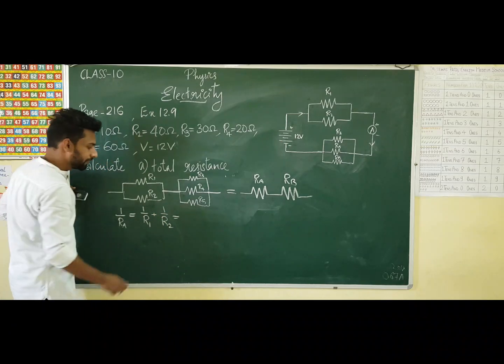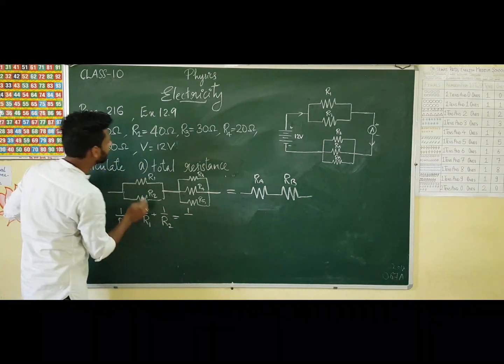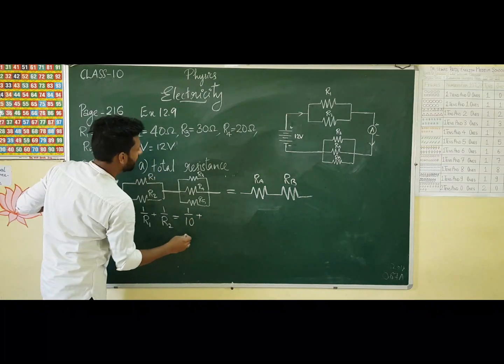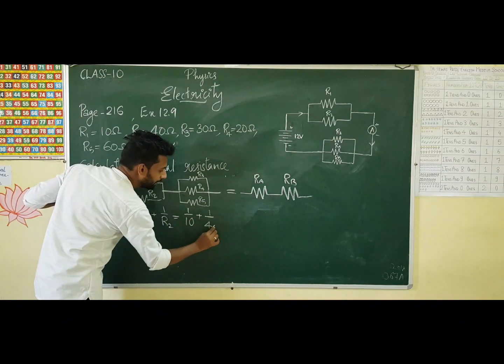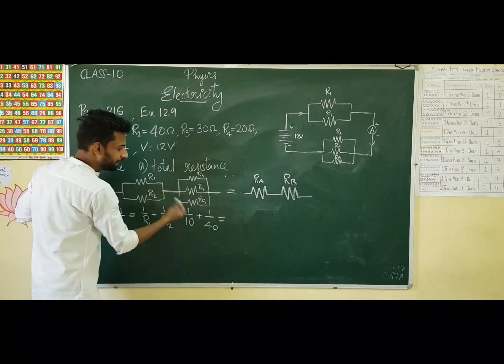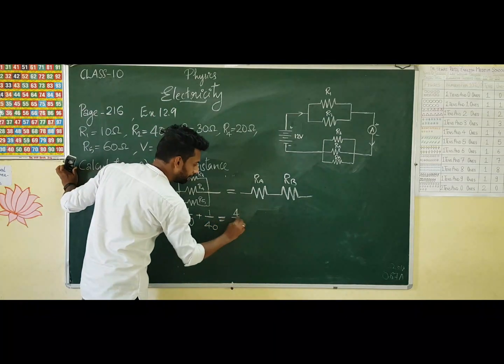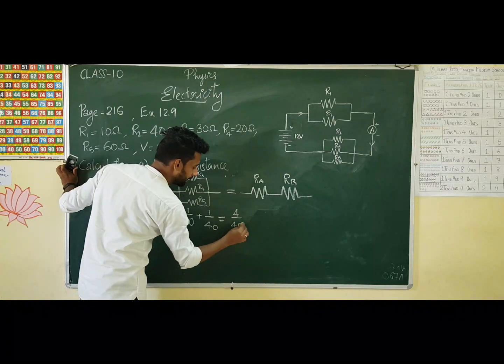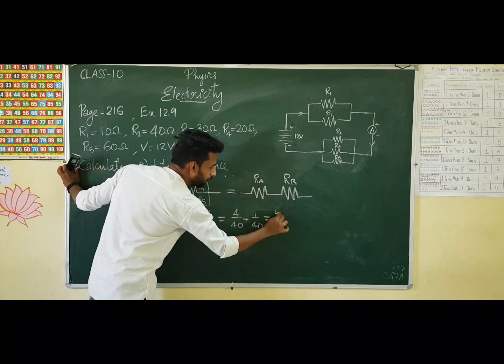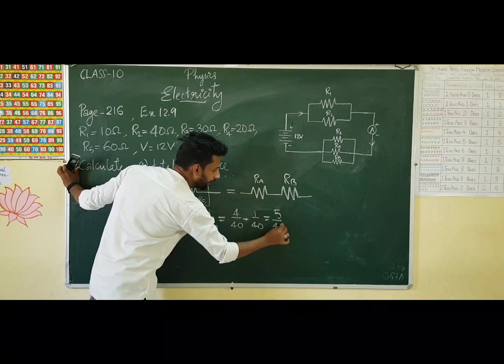Now substitute the values. What is R1? R1 equals 10. 1 by 10 plus 1 by 40. We can take the LCM. Then it will be 4 by 40 plus 1 by 40, that's equal to 5 by 40.